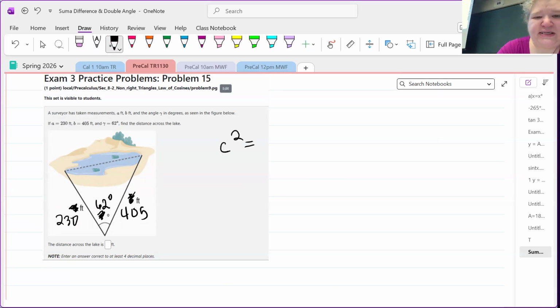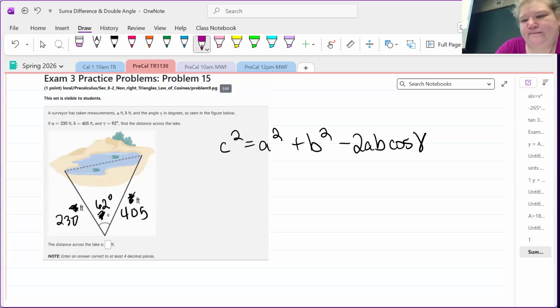It is written c² equals a² plus b². It looks kind of like our Pythagorean theorem, but with an extra minus 2ab cosine gamma. So the only angle in this formula is gamma.